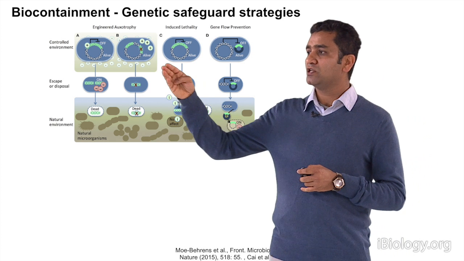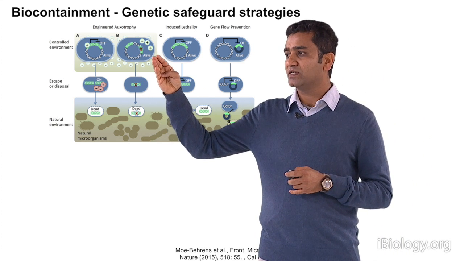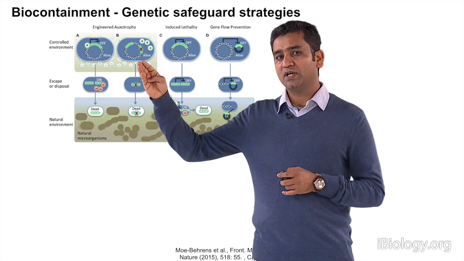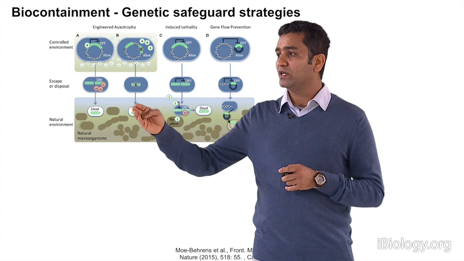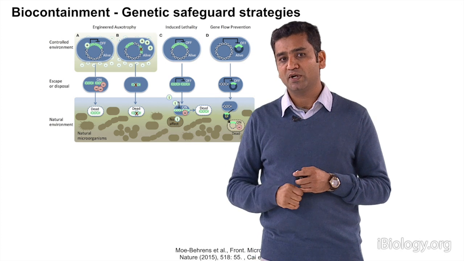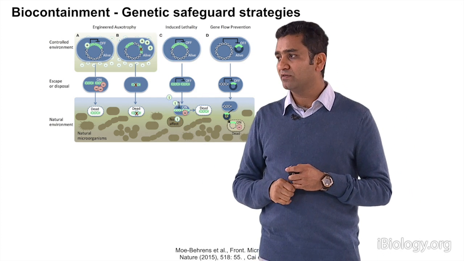The second method is that you delete an essential gene and supply an amino acid, and the cell will survive inside the contained environment. But when it is released into the outside environment, it doesn't get these essential amino acids, and the cell doesn't survive.